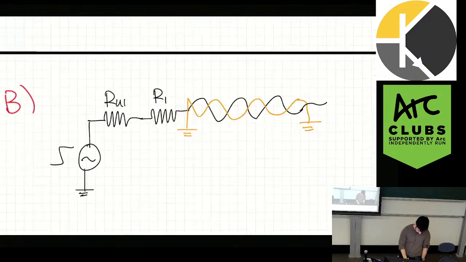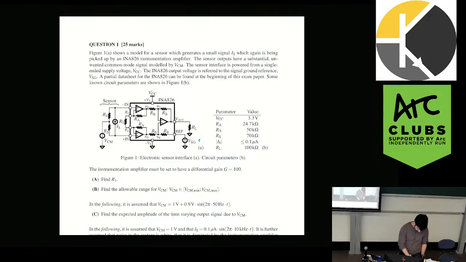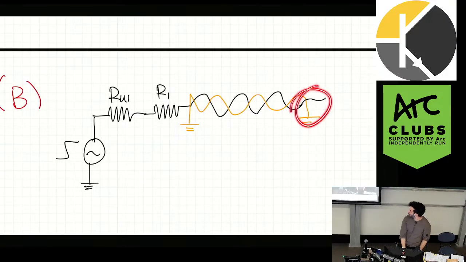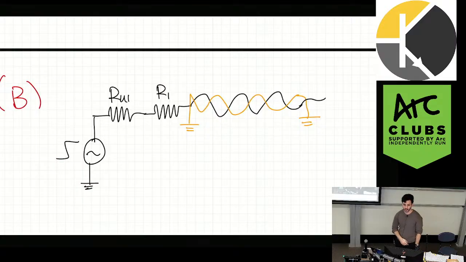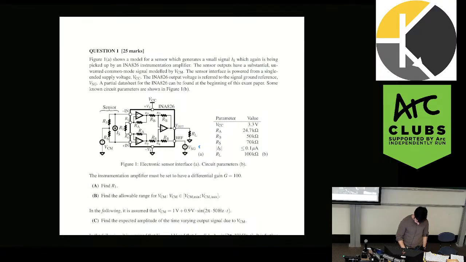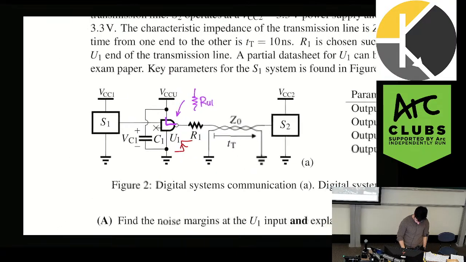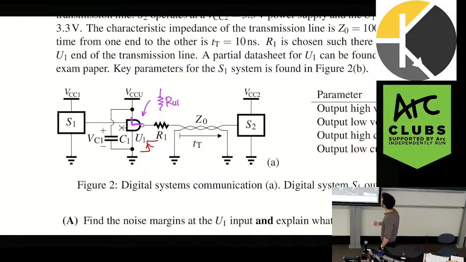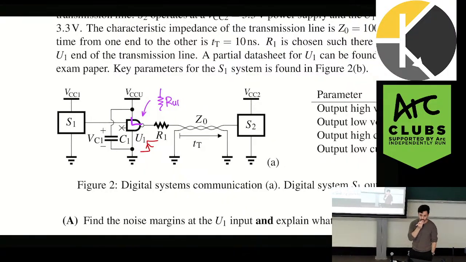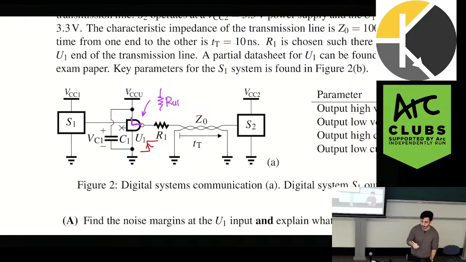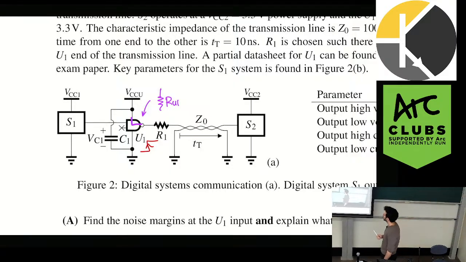Now, one important thing is we need to figure out what's happening at the end of the transmission line. The hint the question gives is that S2 is CMOS. What does that mean? It has capacitive input impedance.